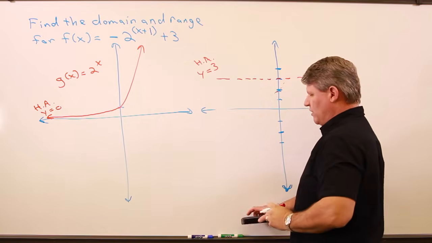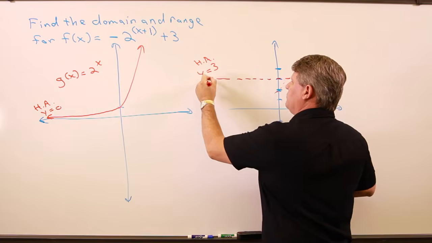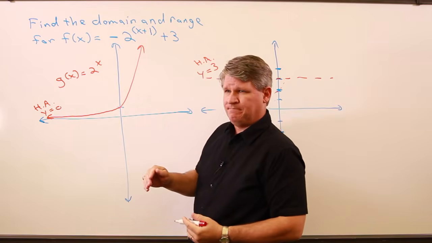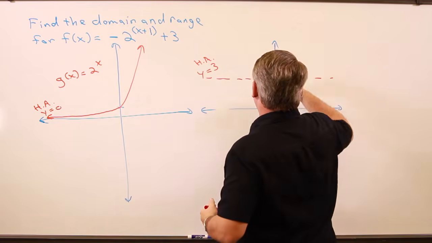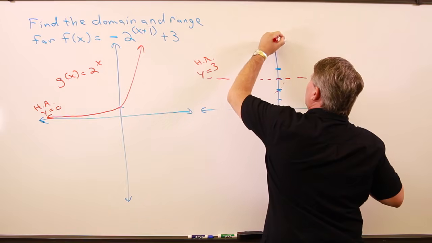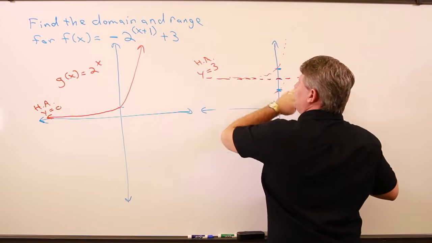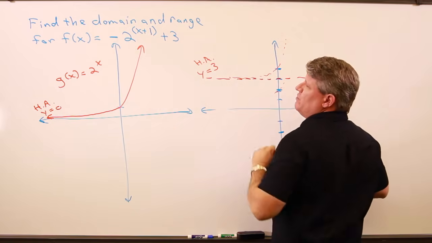Remember, our exponential function gets infinitely close to that asymptote, but it never actually reaches it. So our graph would look something like this if I were to shift left 1 and up 3 units.